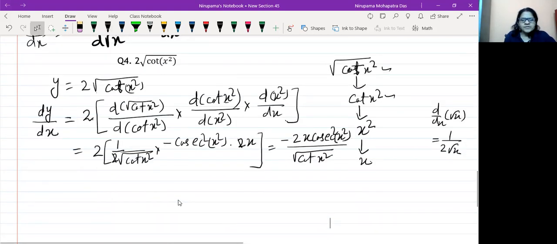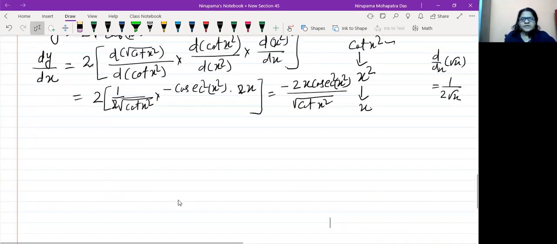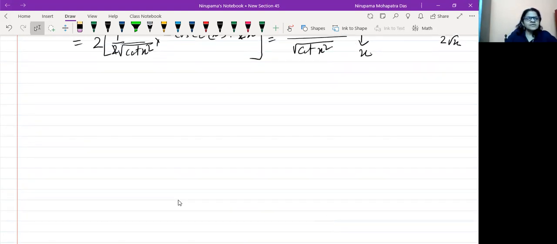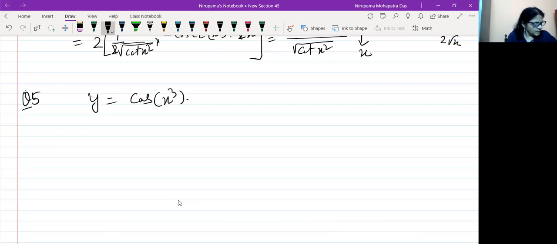So these are some of the questions from the NCERT exercise. Next we can take question number 5. We have y equal to cos x cube multiplied by sin square x to the power 5.